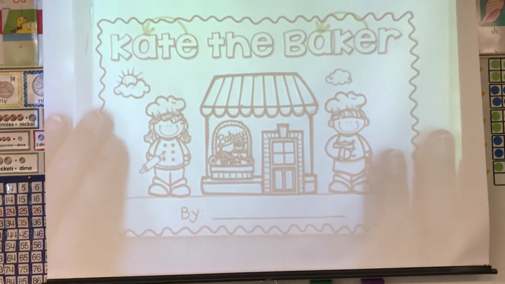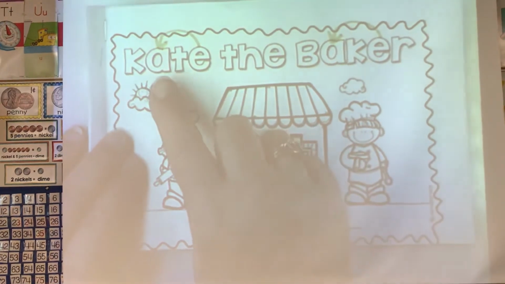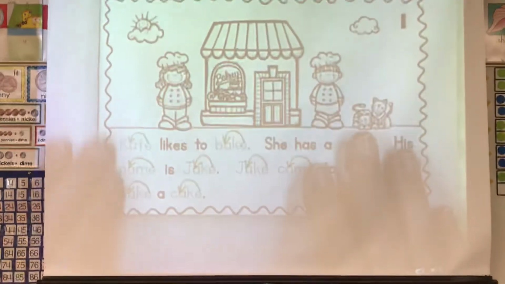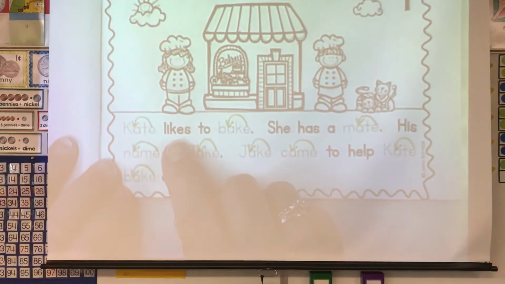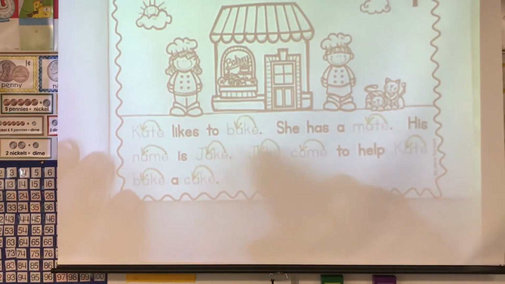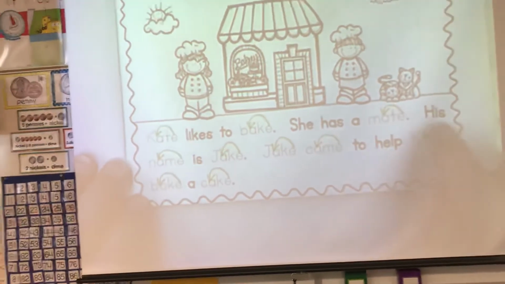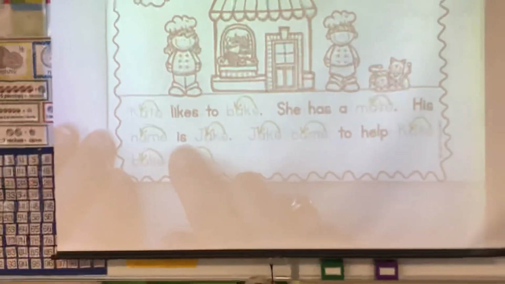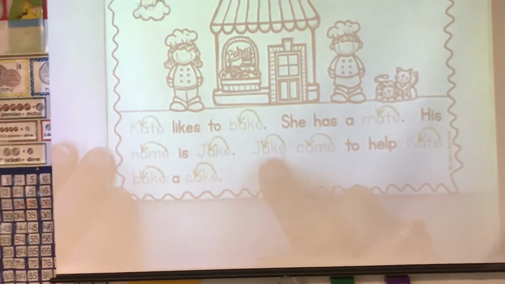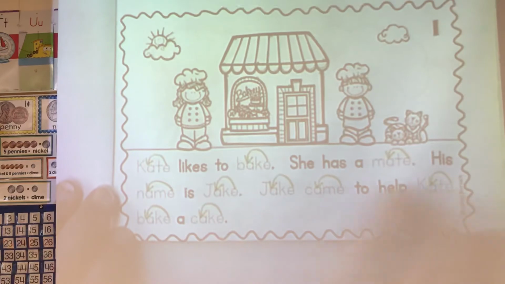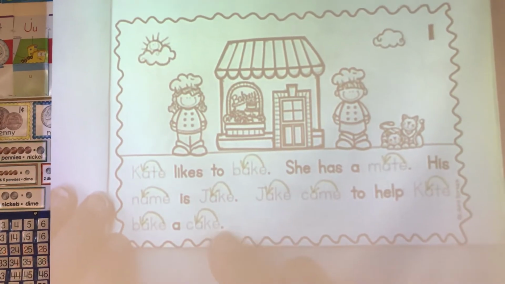Put your highlighter down. Here we go. Kate the Baker. Read with me. Kate likes to bake. She has a mate. His name is Jake. Jake came to help Kate bake a cake.